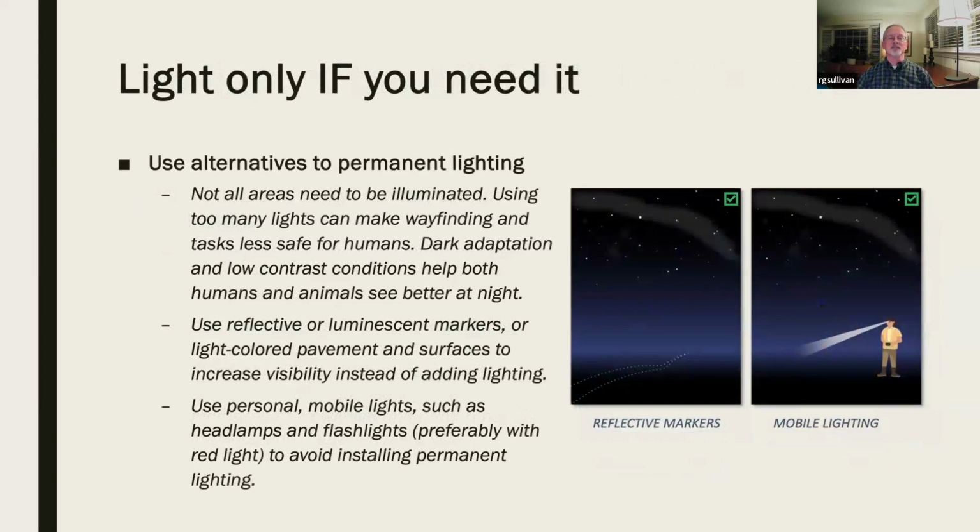And then you want to use light only if you need it. So you don't need to have your entire yard, at least most of us don't need to have our entire yard illuminated.